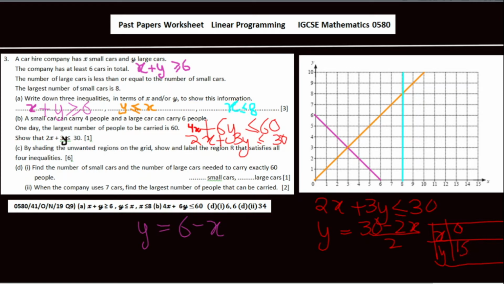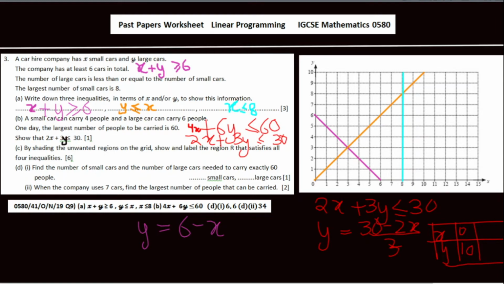Sorry, it's 30 minus 2x divided by 3. It's actually 3. So when x is 0, y is 10.